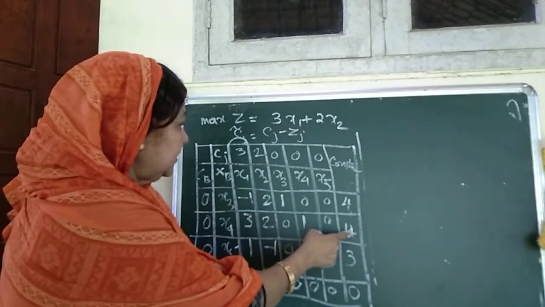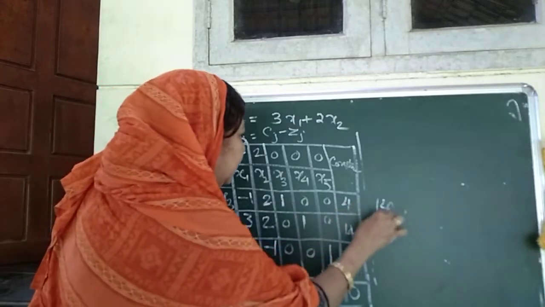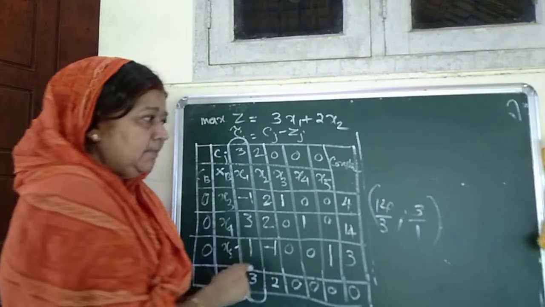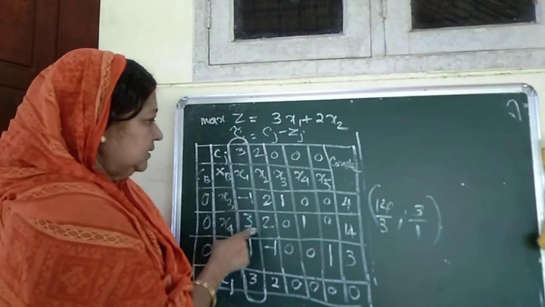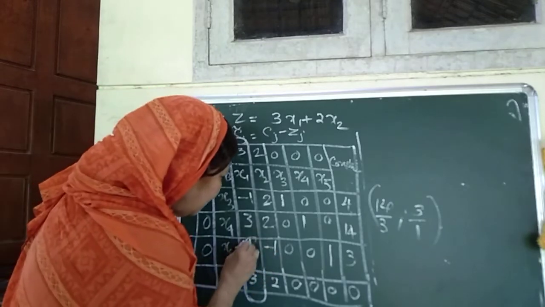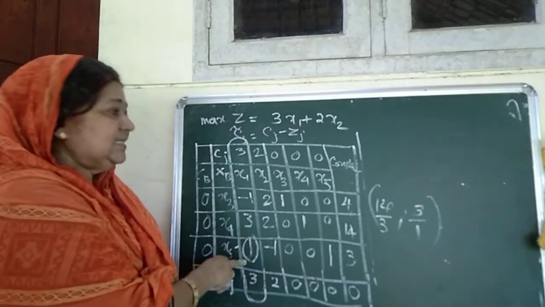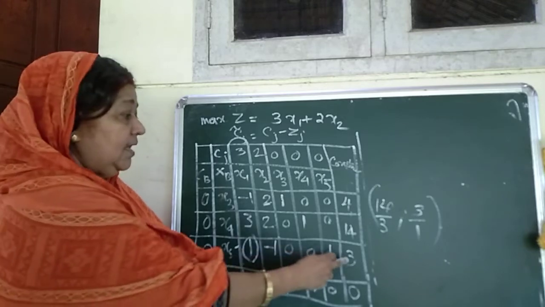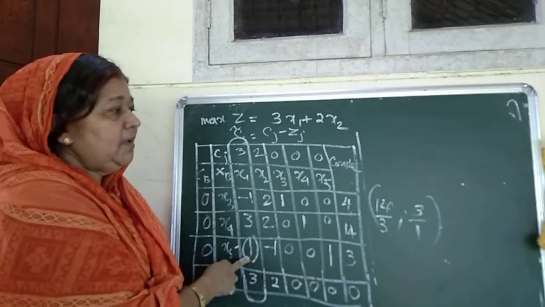So we have to find the minimum of 14 by 3 and 3 by 1. What is the minimum? The minimum is 3 by 1. So this element is called the pivot element.